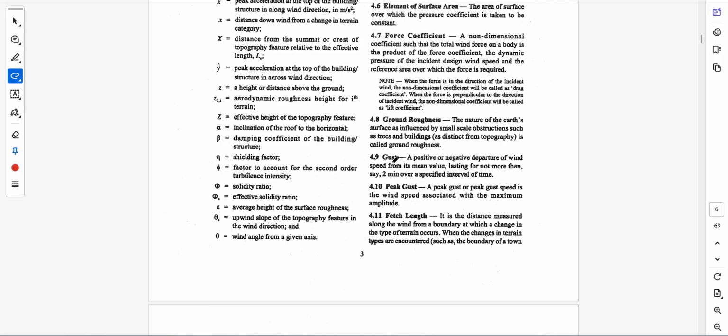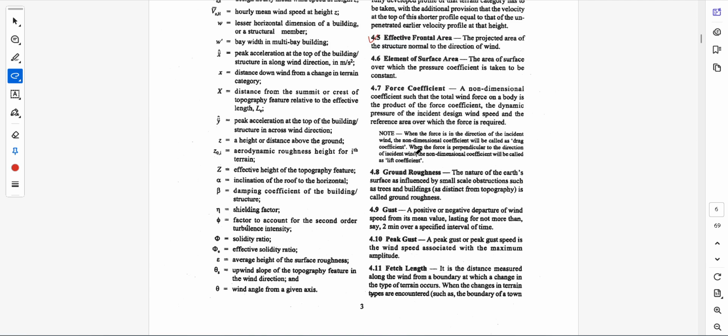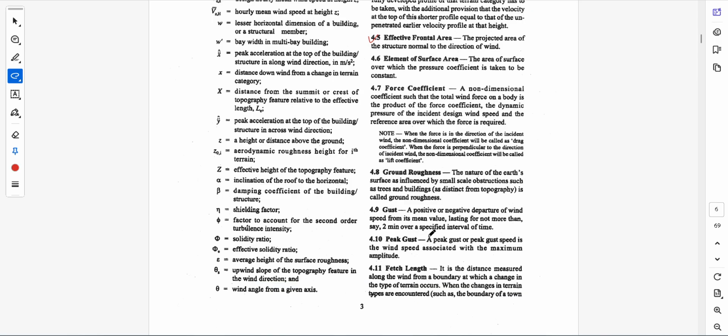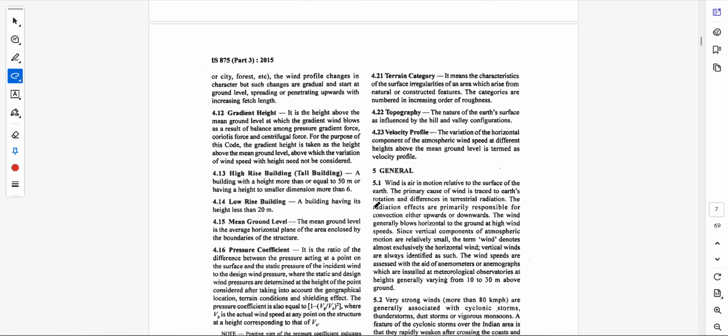These are the points we have earlier discussed, and now we have revised it thoroughly. Other points, effective surface area and effective force coefficient, we will discuss in the later chapter. And now we discuss the gust.